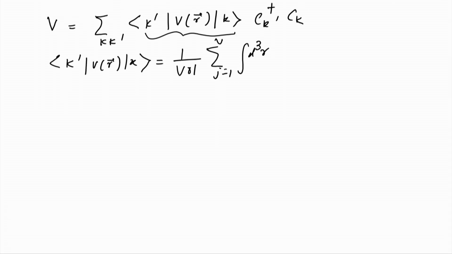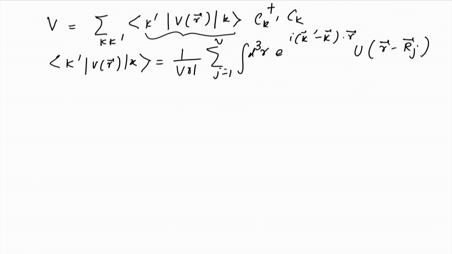So, it is a d cube r and an exponential i (k prime minus k) dot r. Now, we will have to put the vectors there because it is a product there. So, u(r minus r_j), and so let us assume that this is equal to a dummy r prime.